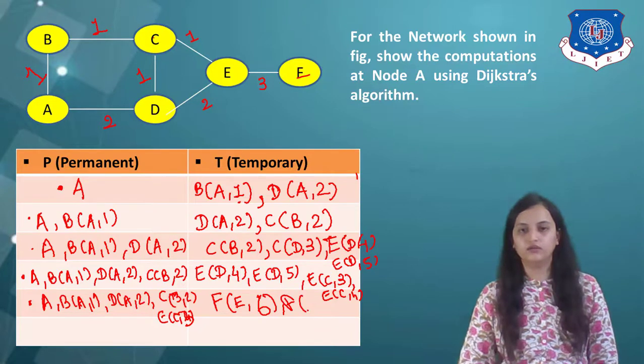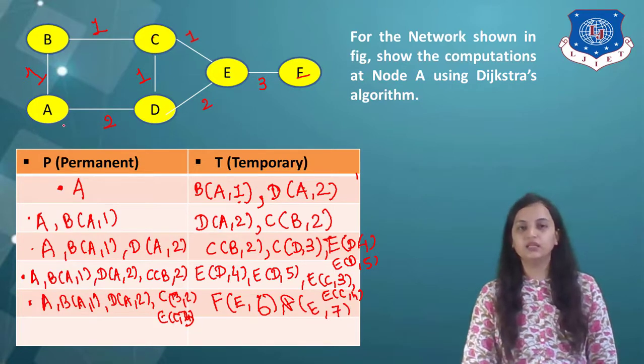Another value, FE: if we consider this path, that will be 2 plus 1, 3, 3 plus 1, 4, 4 plus 3, 7. That is F is 7. There is also this path 2 plus 2, 4, 4 plus 3, 7. That is also the same value. Now from these values, we need to select the smallest value, which is F is 6.